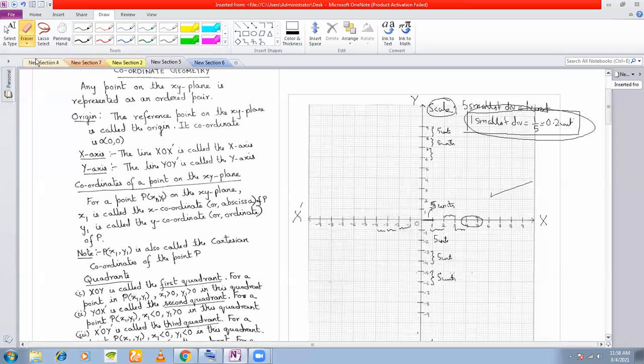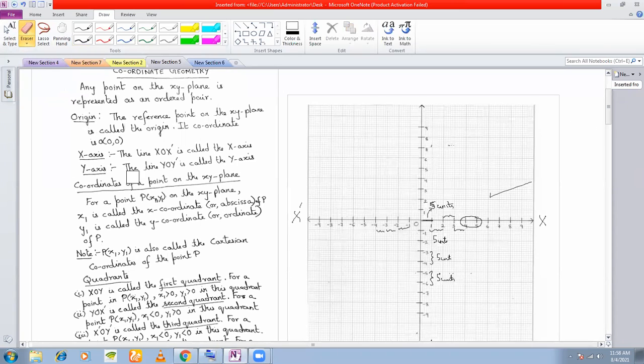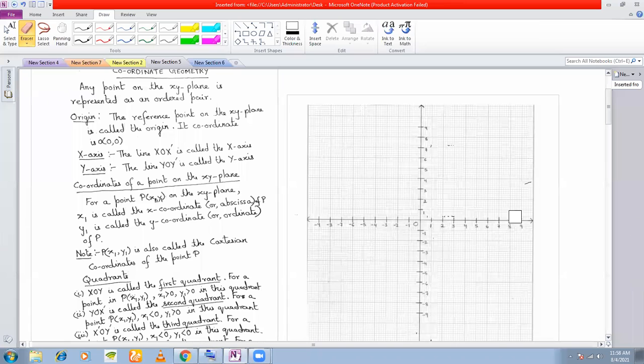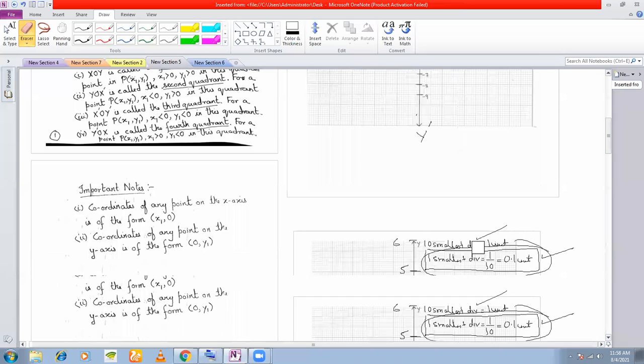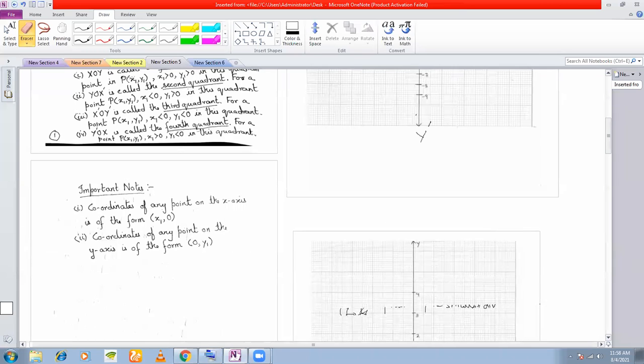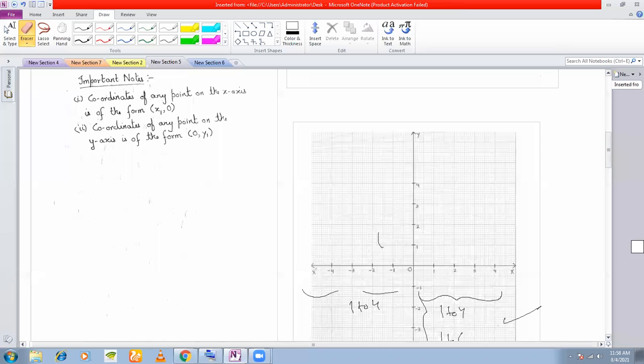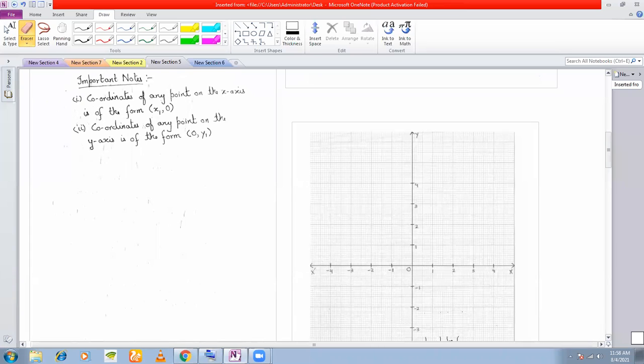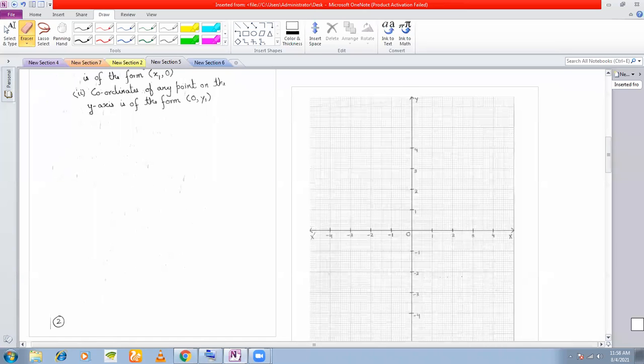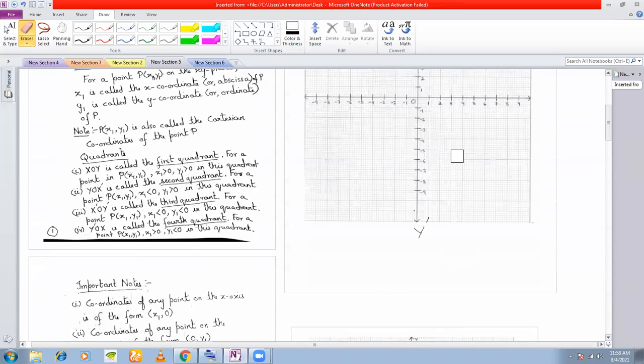Now once you know what a scale is, we are going to see what we mean by points on the graph. Look at this.